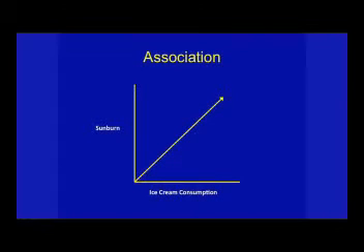We find that when more people are eating ice cream, this would be the 0 point, and along the bottom here, this represents more ice cream consumption. This would be the 0 point, and as you move this way, it indicates more sunburn. So this graph would tell us that as more people are eating ice cream, more people are getting sunburn. So there's an association: ice cream consumption and sunburn.